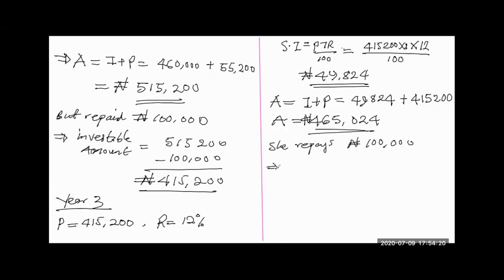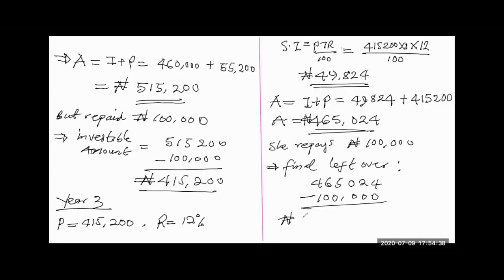That implies the money now left, the final leftover that she's still owing, will give us 465,024 minus 100,000 naira, and when we simplify this, she will still be owing the company, somebody confirm this, 365,024. Okay, thank you very much. All right, that's correct. So this is what she will be owing the company after the end of the third year.